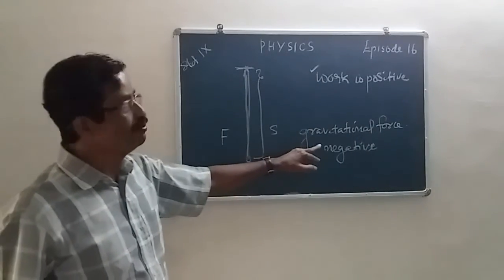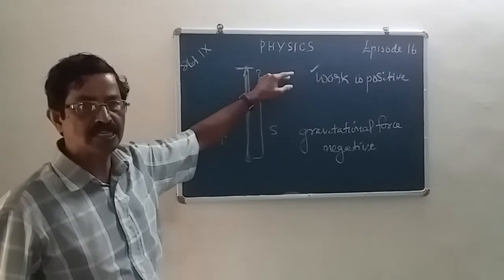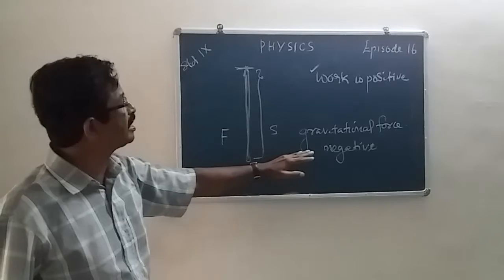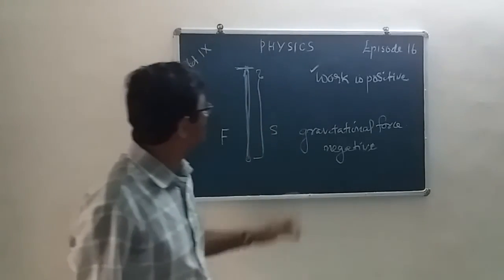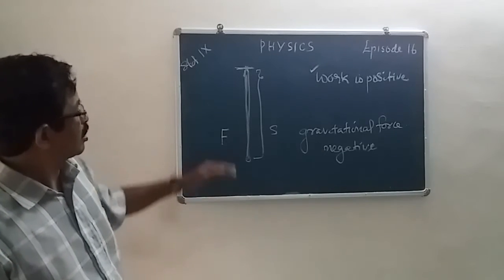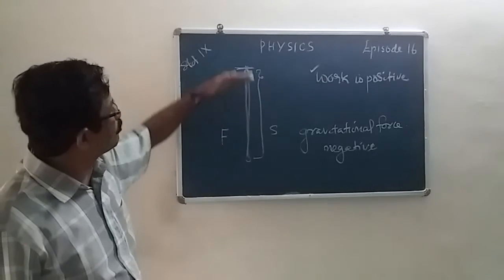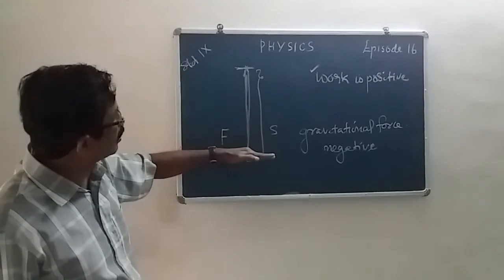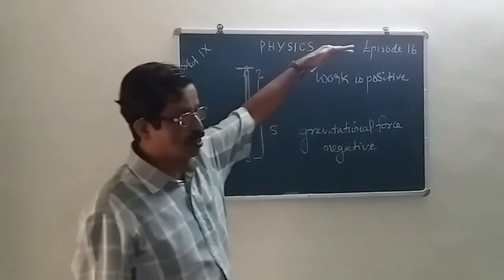This means if the displacement is in the opposite direction of the force, then the work is negative. So the force which threw the stone upward and the displacement that is also upward, then the work is positive.